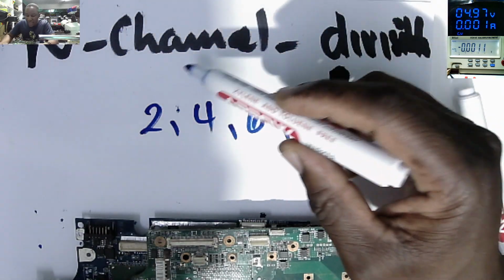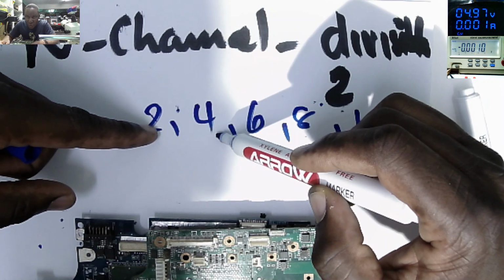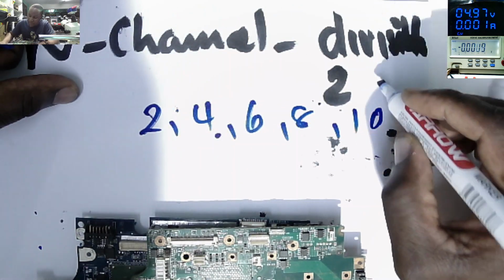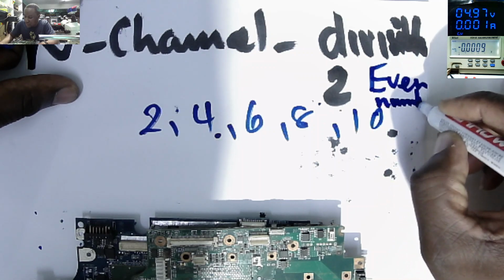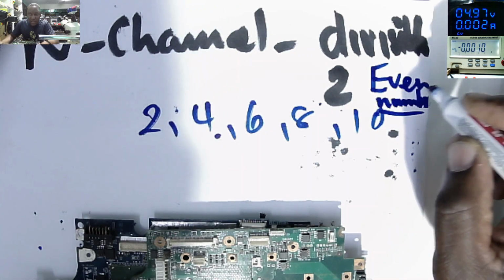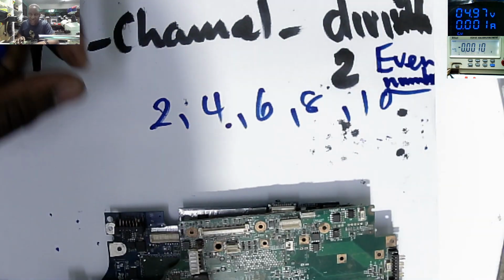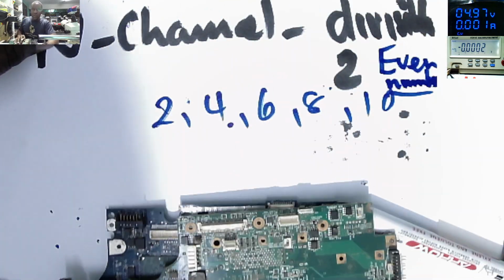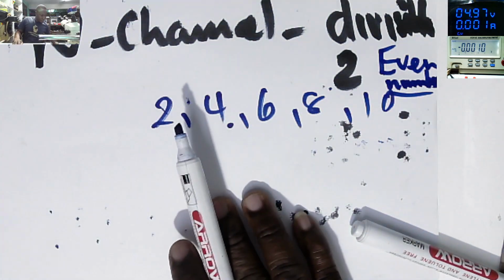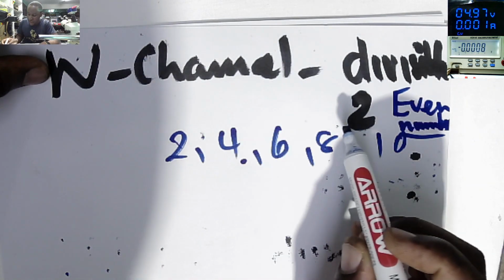If you see the last number written on top of the MOSFET is divisible by 2, like an even number, even numbers. This is O-level mathematics. If you don't understand even numbers, odd numbers, you have to go back there. So that's how you identify N channel MOSFETs.